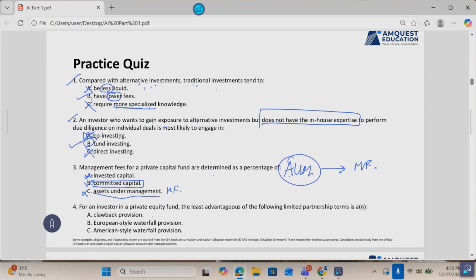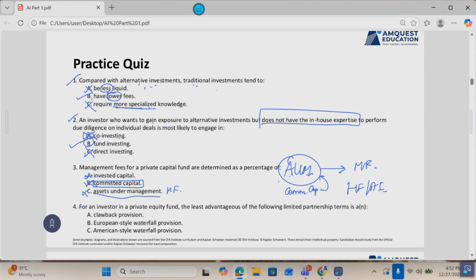The synonymous term for hedge funds and alternative investments is the committed capital, the amount that you're going to invest in the assets. So here is the capital that you have committed to pay me because I trust your word. This is invested capital, this is committed capital. Any questions? Now, fourth one.